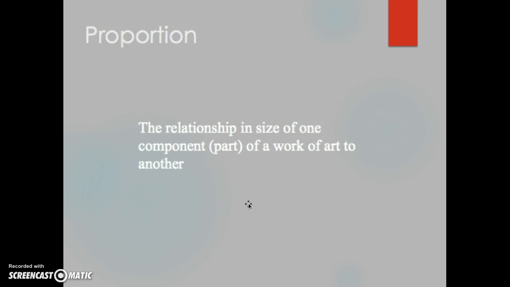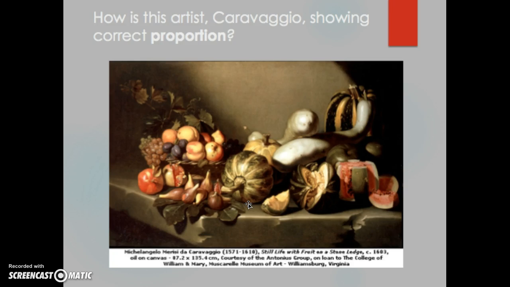Proportion, the scale, how big one thing is to another. And this artist, Michelangelo Merisi da Caravaggio, one of my all-time favorites. How is he showing correct proportion? If you said that the size of things makes sense, right?